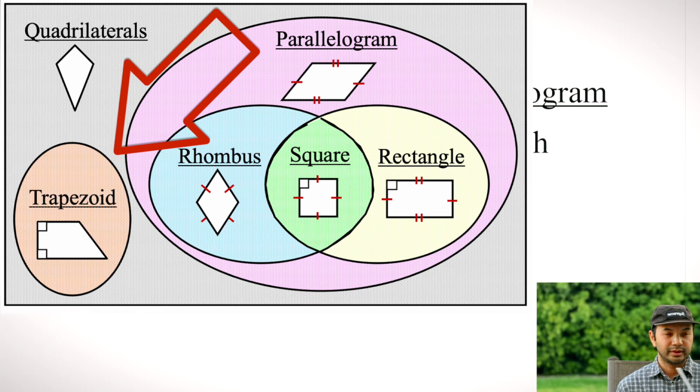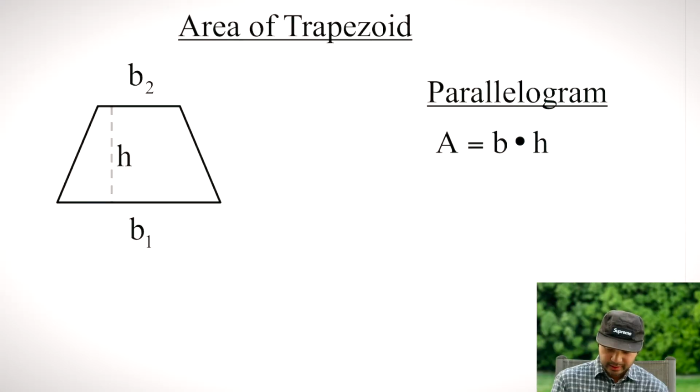It's a four-sided figure, and unlike a parallelogram, it only has one set of parallel sides. So in this case, this is parallel to this, and the other sides here and here are not parallel to each other. The parallel sides are what we call the bases. You can tell they're the bases because they're the ones that are parallel to each other.